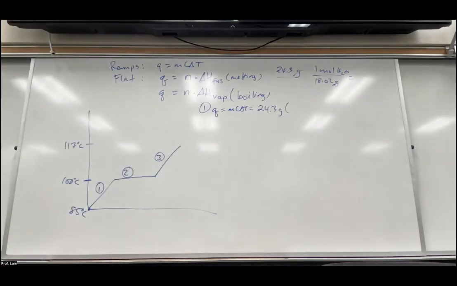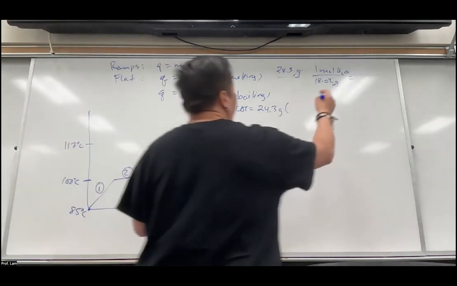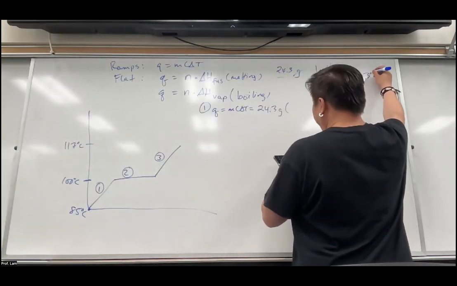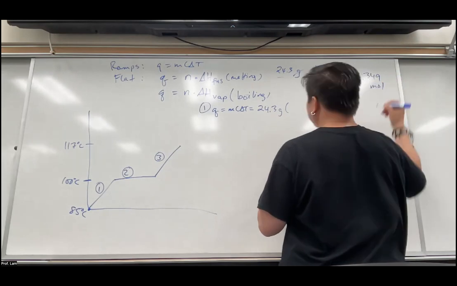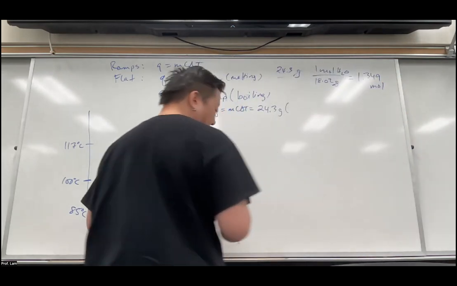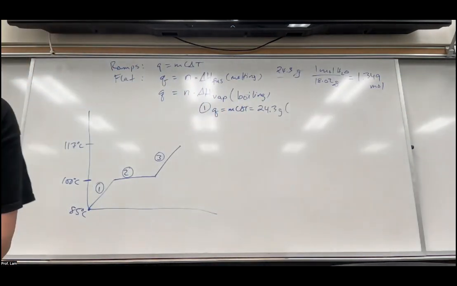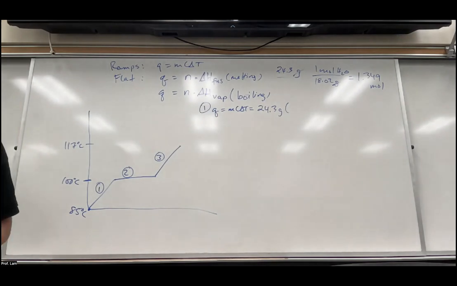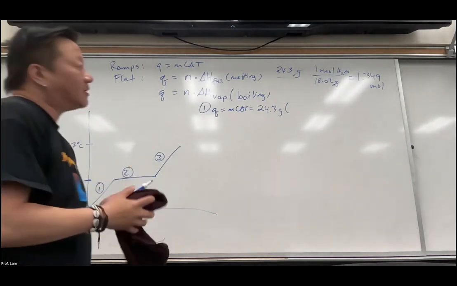So what am I gonna get here? 1.349 moles. Okay. So notice the units. Maybe you have to change it to moles, right? So it's either going to be in grams or moles.